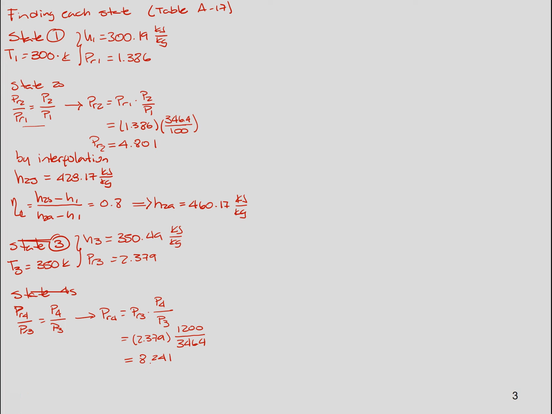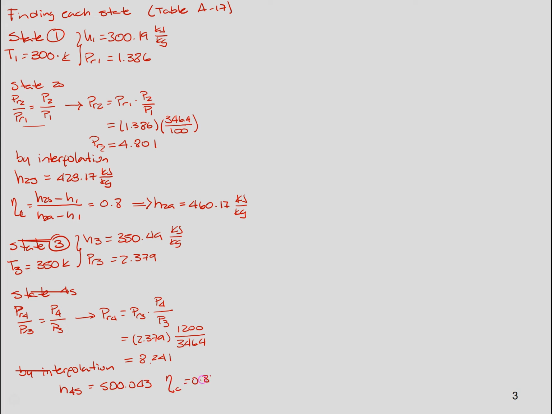Using the same isentropic relation, we get a value of PR4 of 8.241. So by interpolation, we can find that H4S, since we use the isentropic expression, is 500.04.